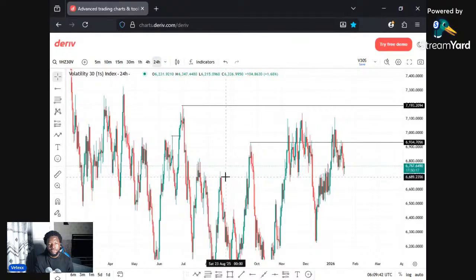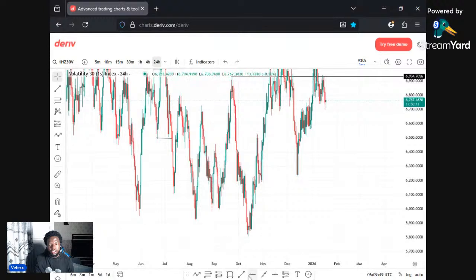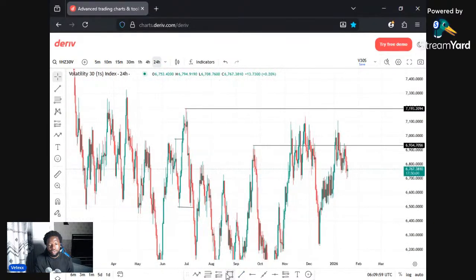Okay, this is our first break of structure, and this is our second break of structure. Remember, this is the 24-hour time frame, and this zone becomes our POI.